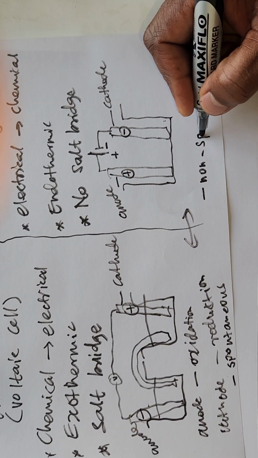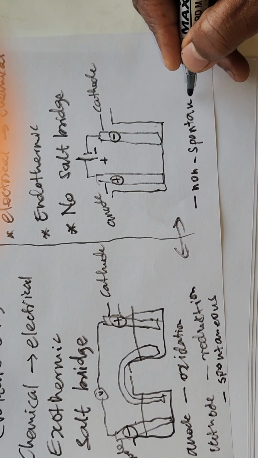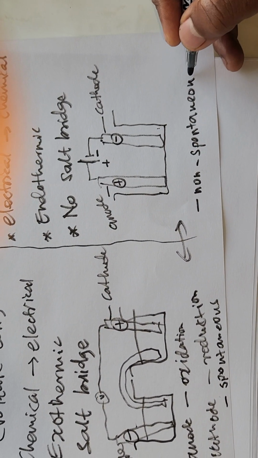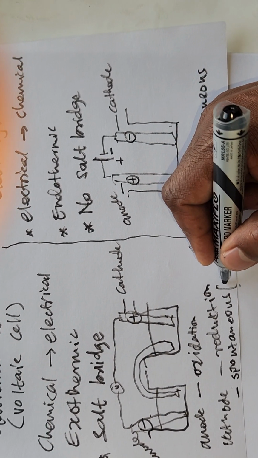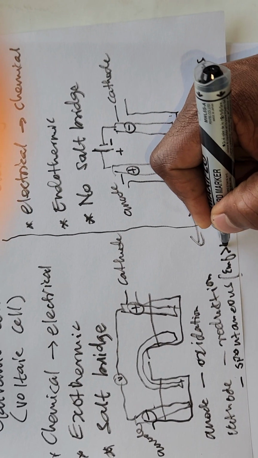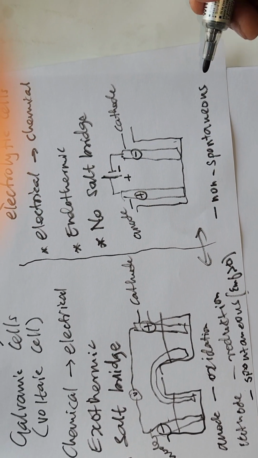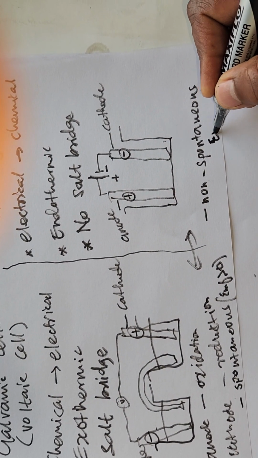Until you supply energy to the cell, no reaction will take place. This side, if they ask you why, is because the EMF of the cell is positive. This side, though we are not going to calculate it, the EMF of the cell will be negative.